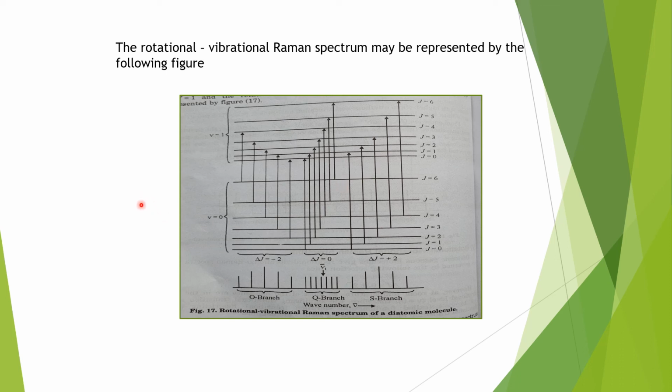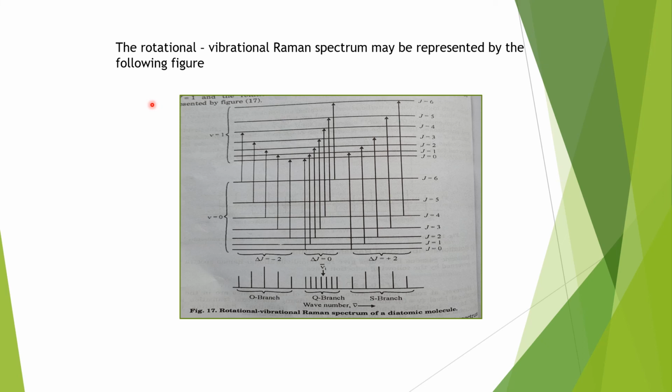These are the vibrational energy levels indicated by V equal to 0, V equal to 1. Each vibrational energy level is again subdivided into equally spaced or nearly equally spaced rotational energy levels. That means many rotational energy levels which are grouped together form one vibrational energy level.